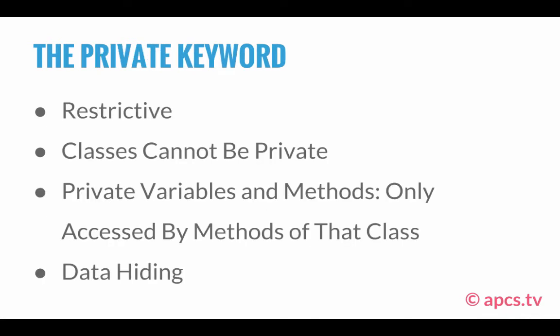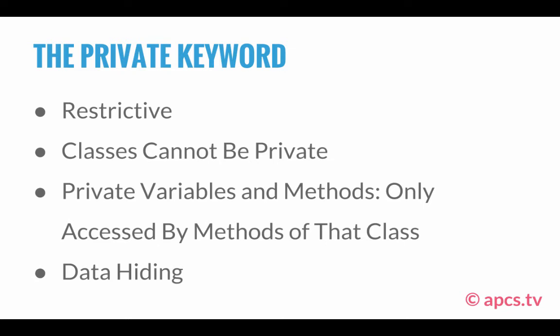Let's think of the word private outside of computer science like we did for public. The private keyword basically means restrictive. A private property would be one that's not open to all, and it's restricted to select people who own the property or who have permission. That's the exact same thing that the private keyword represents in the Java programming language. It's basically restricting the access.